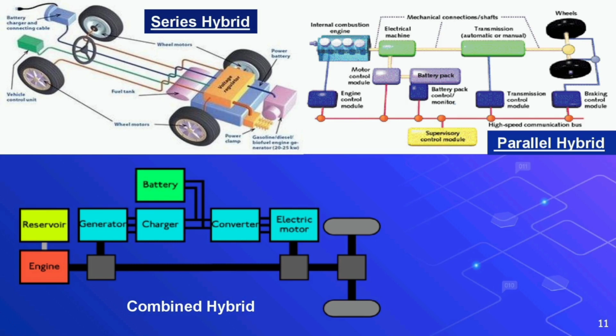Electric vehicle demand has been increasing since the last few years. The vehicle powertrain is a very important part of an electric vehicle. What is a powertrain? A powertrain is a set of components that generate power to move the vehicle.